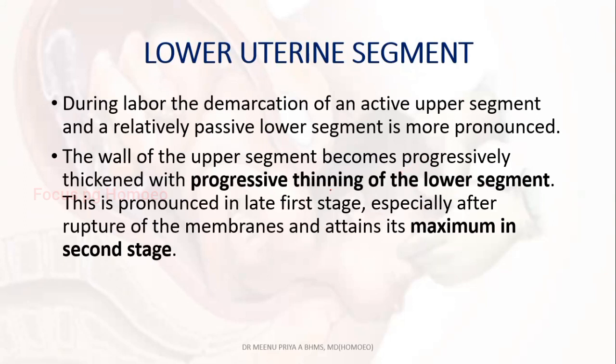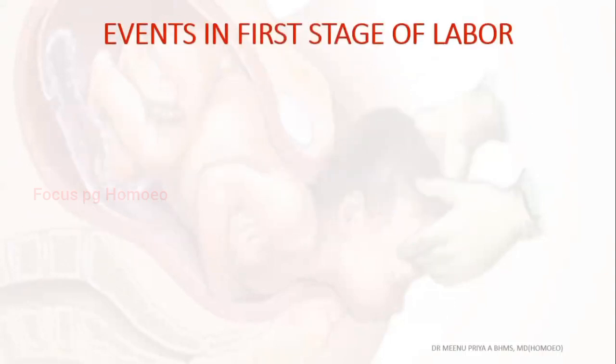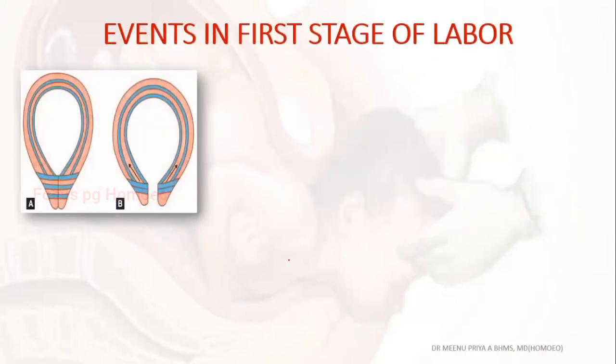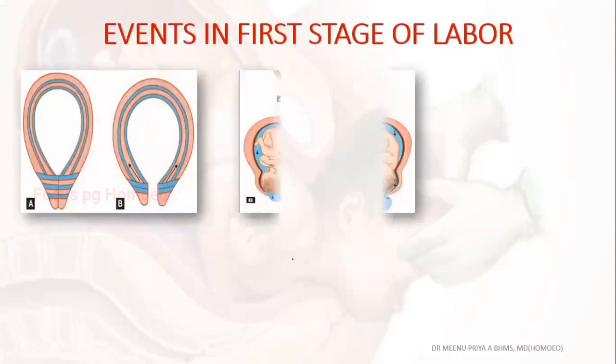So the lower uterine segment is formed by a thickened upper segment and progressive thinning of the lower segment. This is pronounced in the late first stage, especially after the rupture of membranes, and attains its maximum in the second stage. So that is formation of the lower uterine segment.